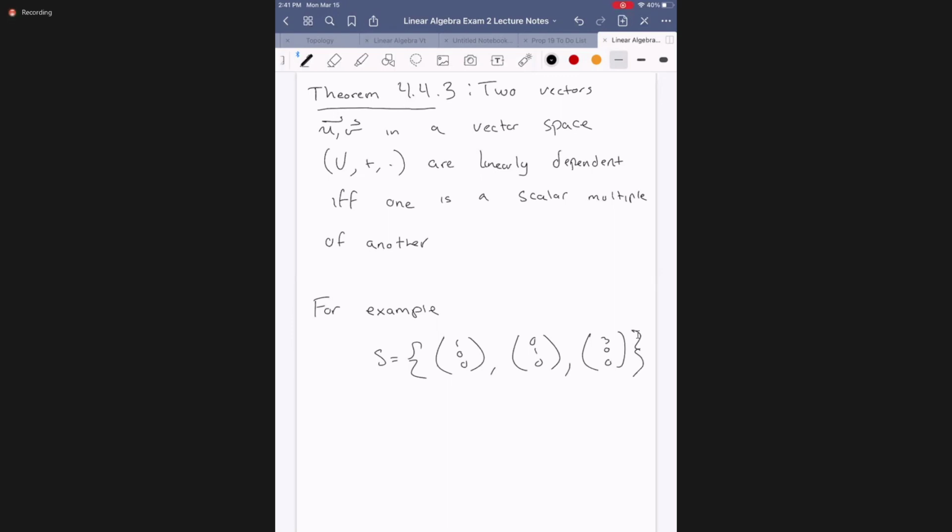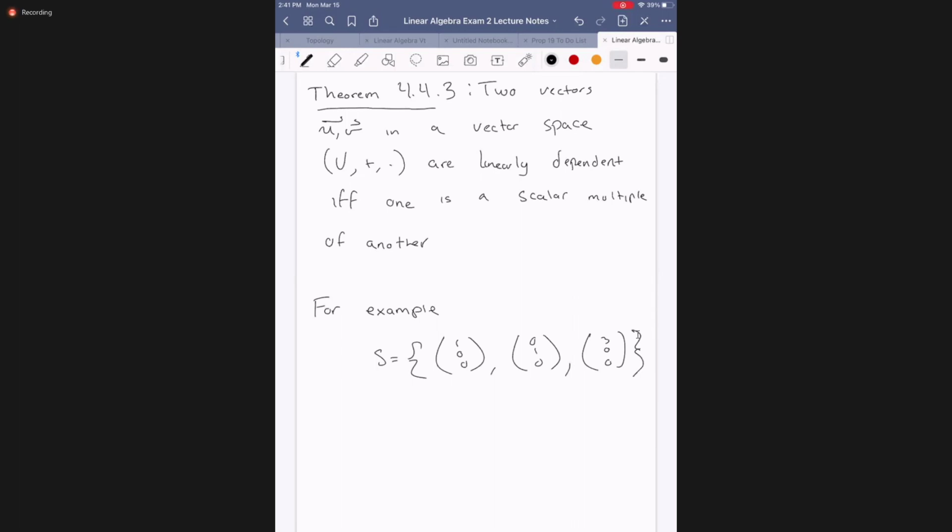So which one can I take out, or which ones? I guess there's more than one choice in here. Which one can I take out to make this linearly independent now? And by the way, the theorem statement is if and only if, so it's even stronger, right? If you have one that's a scalar multiple of another, then it's linearly dependent. So it goes both directions, right?